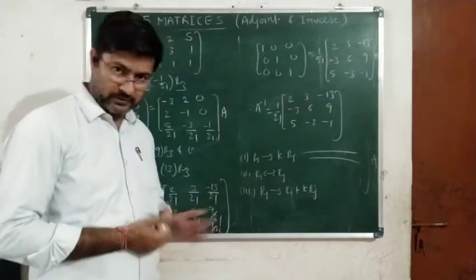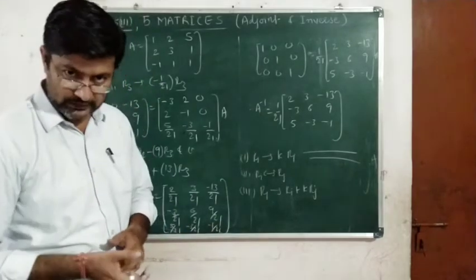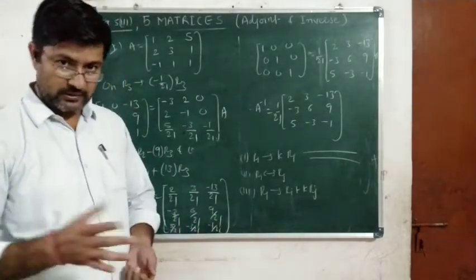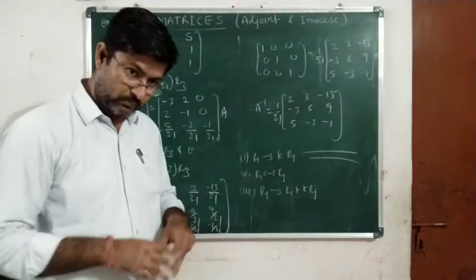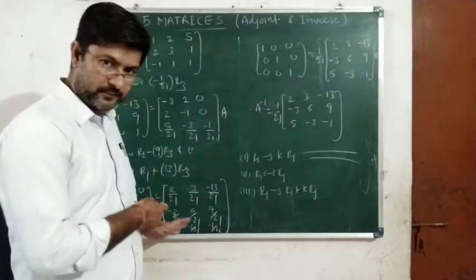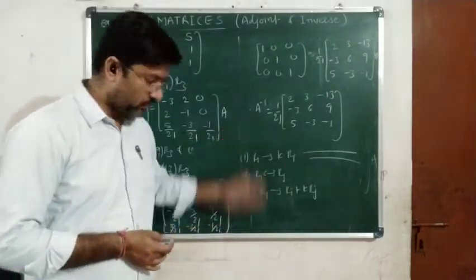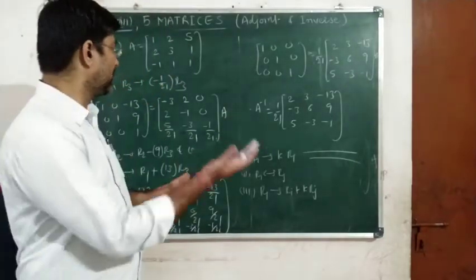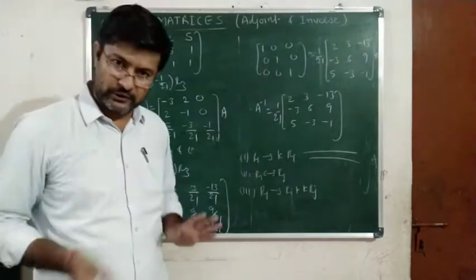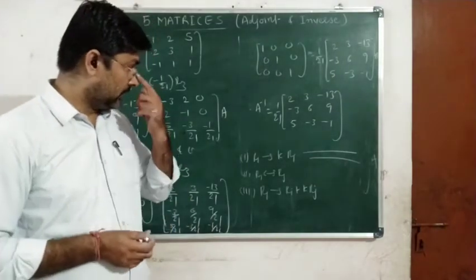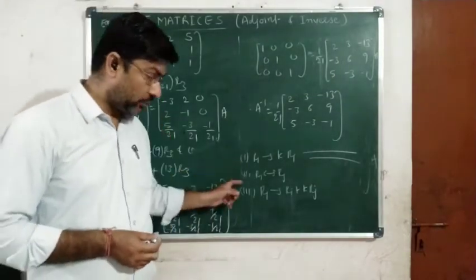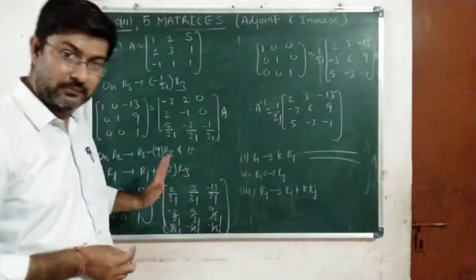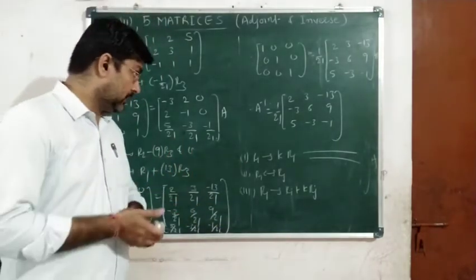Similarly, the 3 transformations you can take for columns also, elementary column transformations. But don't mix up row and column transformations in a single sum. If you are carrying out row transformations, then carry on with row transformations only. If you are doing it by column transformations, then you should carry on with column transformations only. Yes or no? So these 3 operations are only to be carried on, remember, not others.